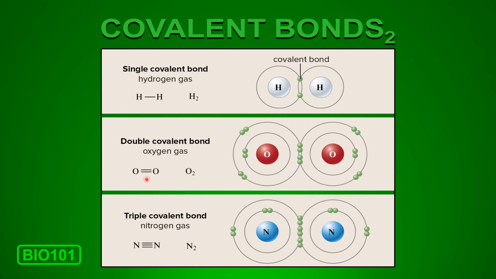We look at the double bond. Here is oxygen gas. Oxygen double bonded to another oxygen atom. So here we have oxygen with its 2, 4, 6, 8 electrons, right? But remember, 2 are in the first shell, the K shell or the 1n shell, and then we have 6 in the outer shell. Remember that the outer shell can hold a maximum of 8.